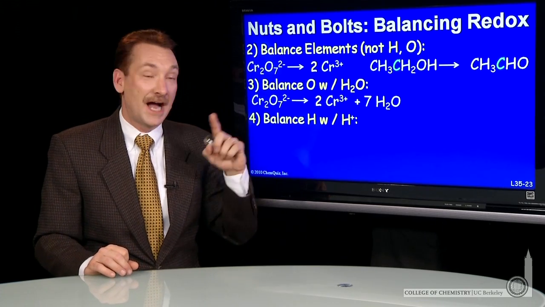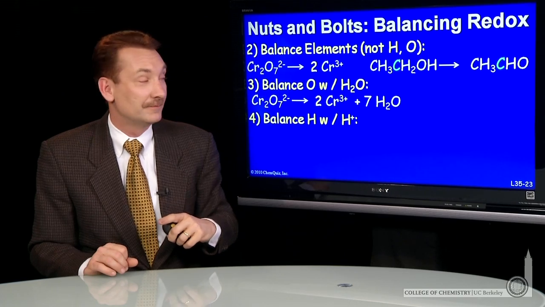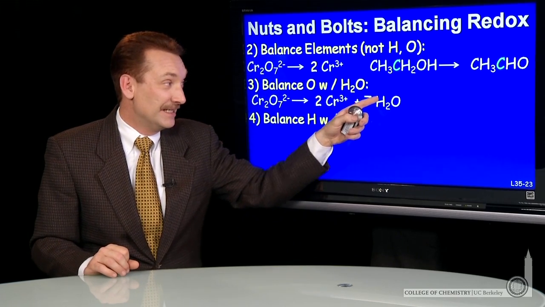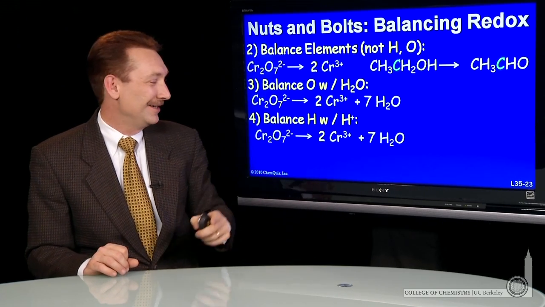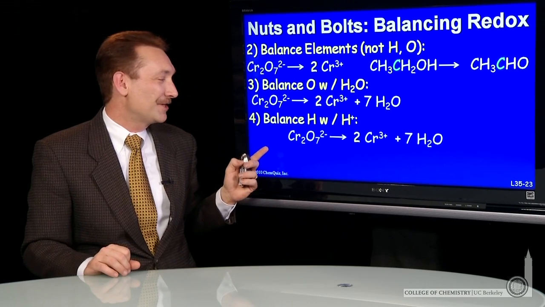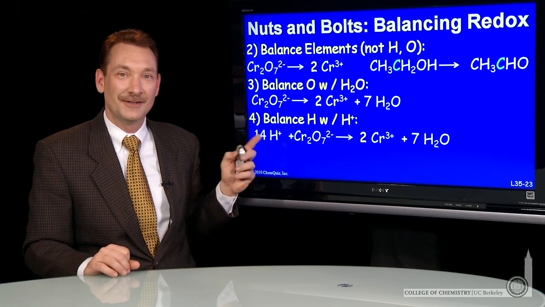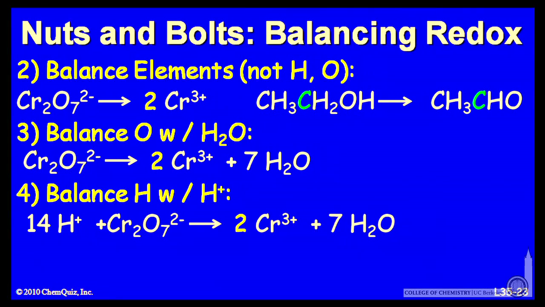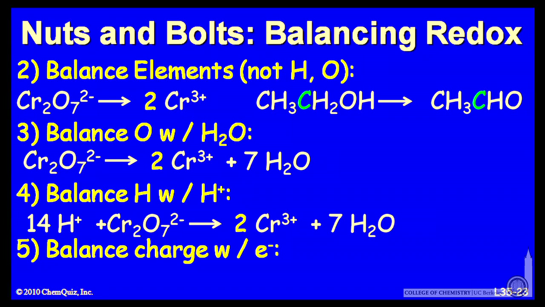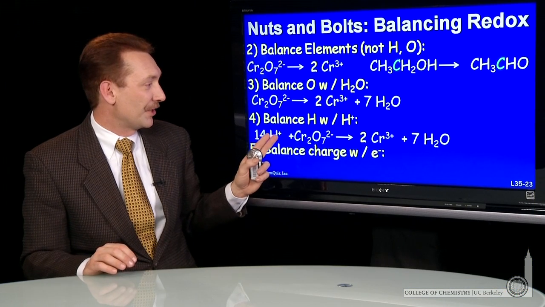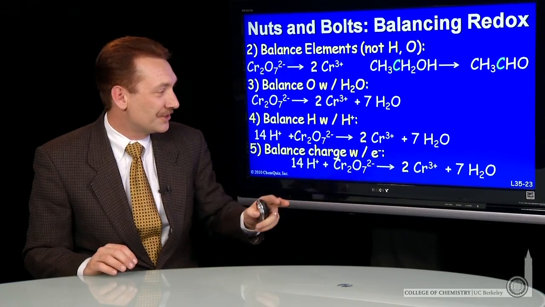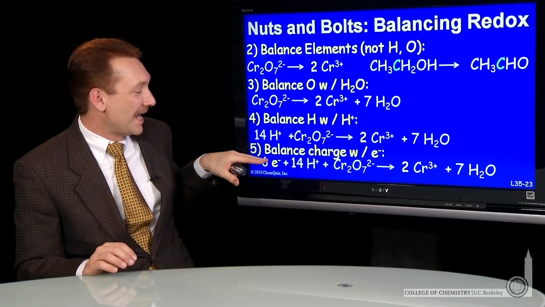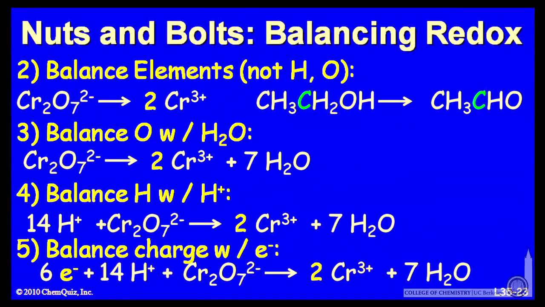Now I have to balance the hydrogens by adding H+. And I just added 14 hydrogens over here, so I'm going to add 14 H+'s over here. The next step is to balance the charge with electrons. So I've got quite a charge building up here, and if I add up all my charges, I find that I need to add an extra 6 electrons to get the charge on this side to be equal to the charge on this side.